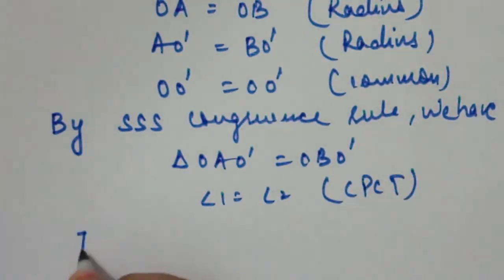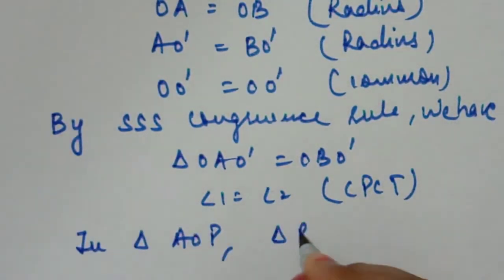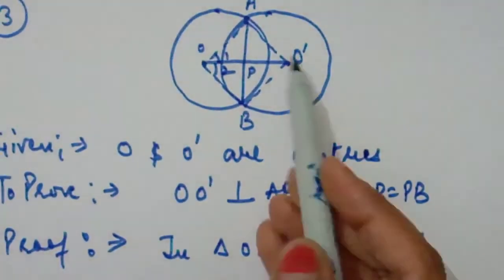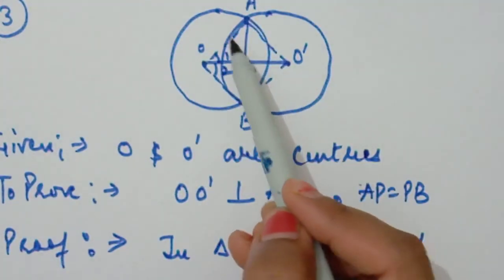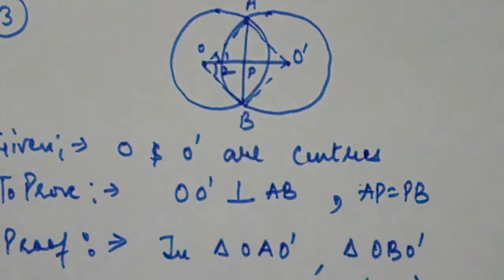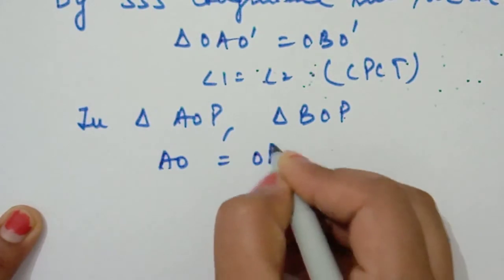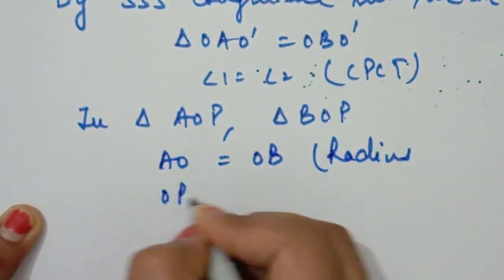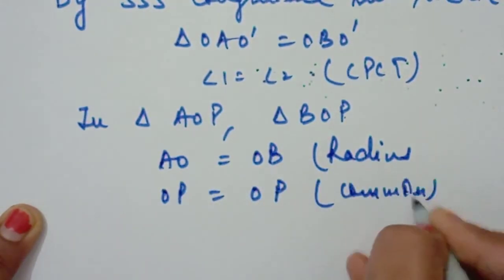Now we will take two small triangles, triangle AOP and triangle BOP. Now we need three elements. First is the radius, second one is proved above, and third one is common. So AO is equal to OB, radii. OP is equal to OP, common.